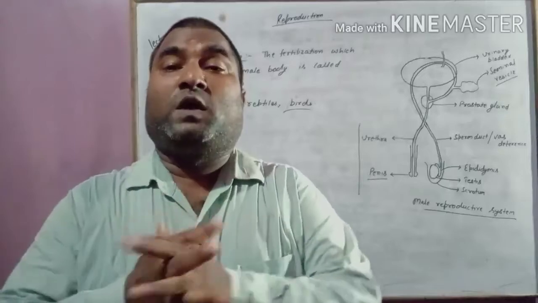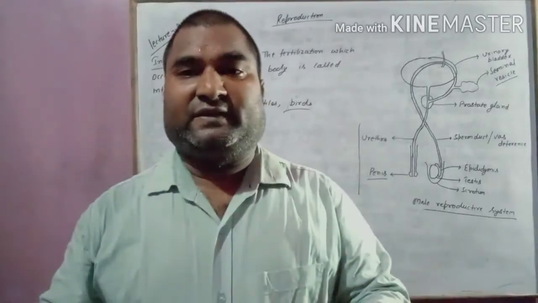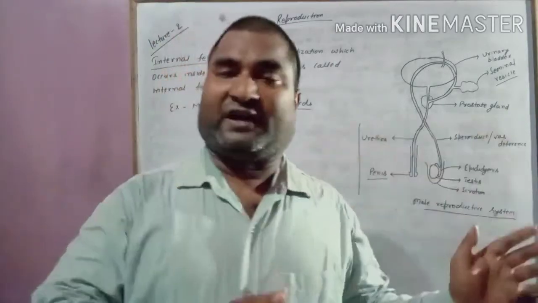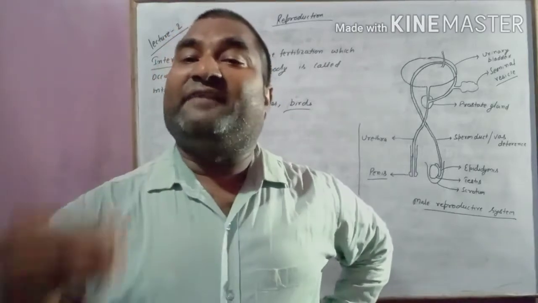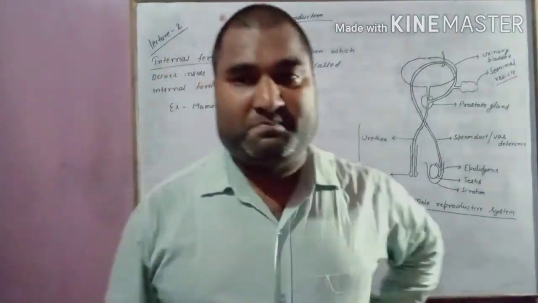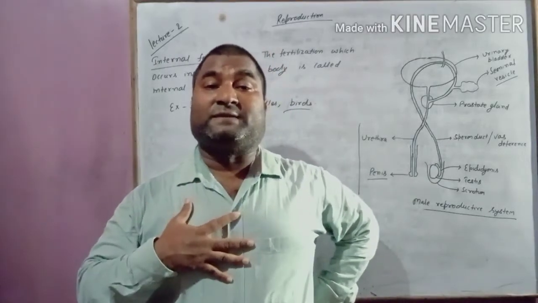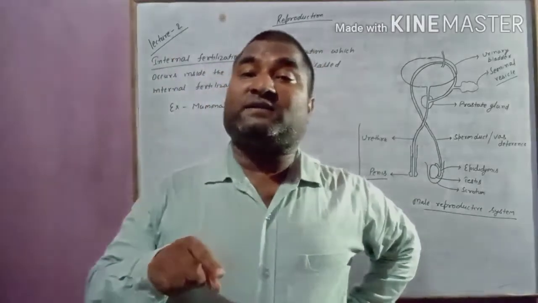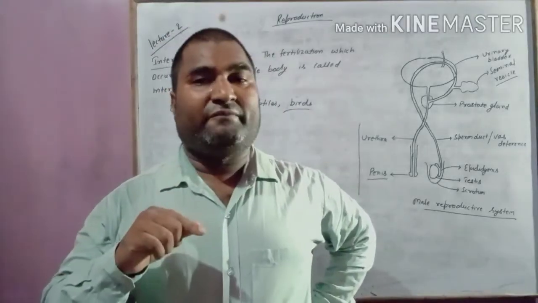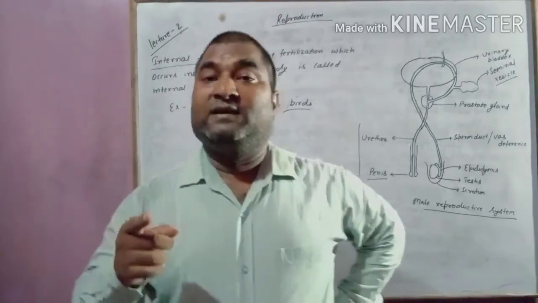Next, after whether fertilization happens inside or outside the body, is development of the baby, meaning whether the organism is viviparous or oviparous. What do you mean by viviparous and oviparous?